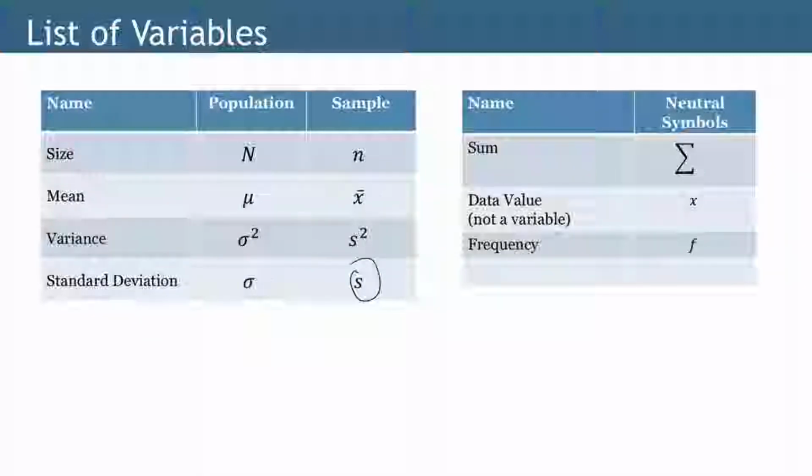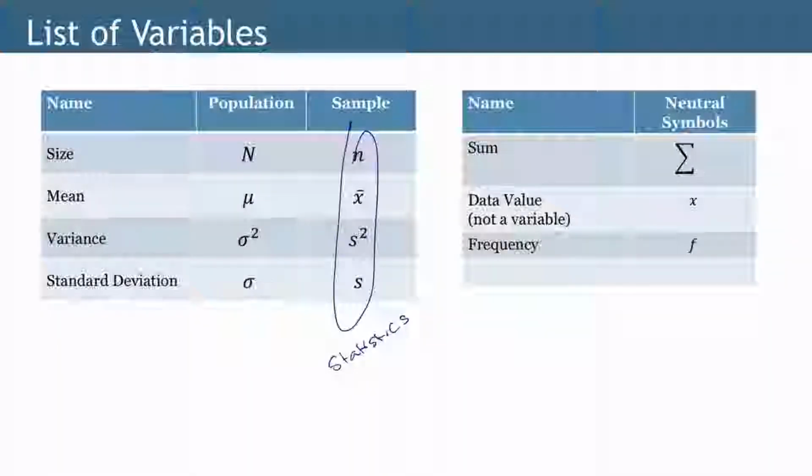S is standard deviation of a sample. And remember, these are all statistics, right? And then the column left of that is all parameters, right? And so again, if we can understand these symbols, we can understand our formulas better, we can put the right numbers in the right spots, and everything's good.